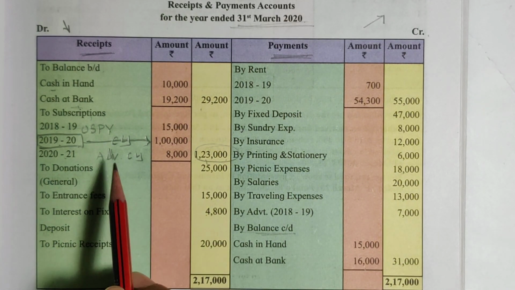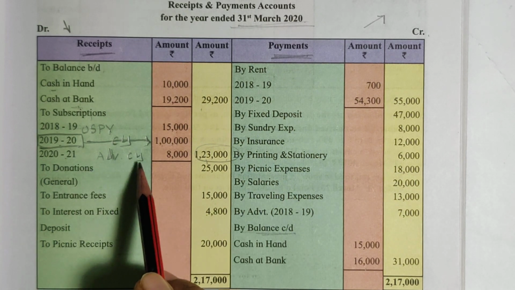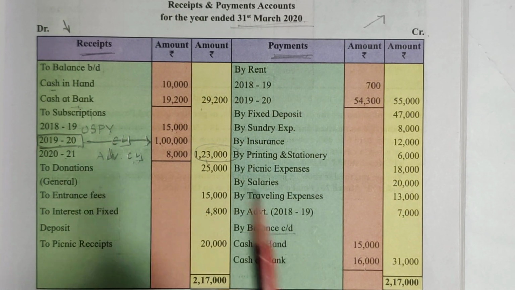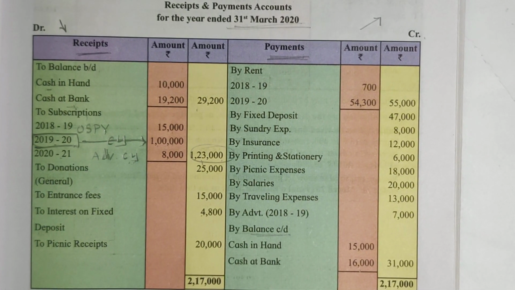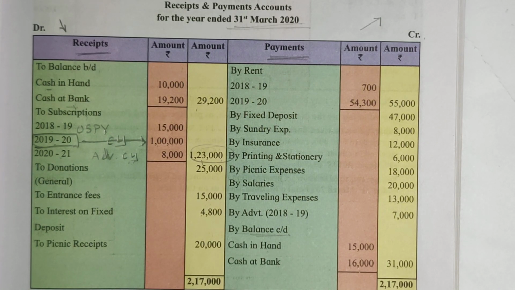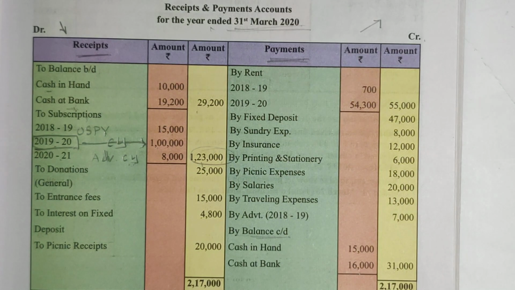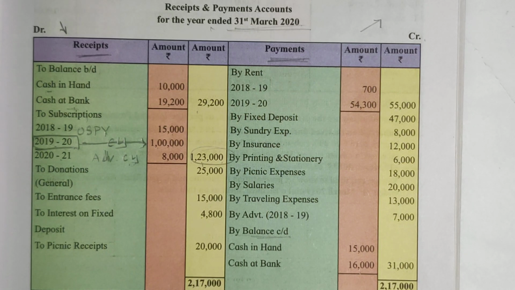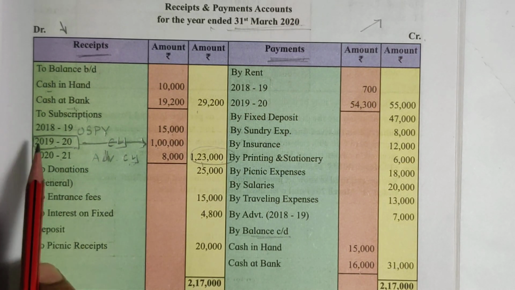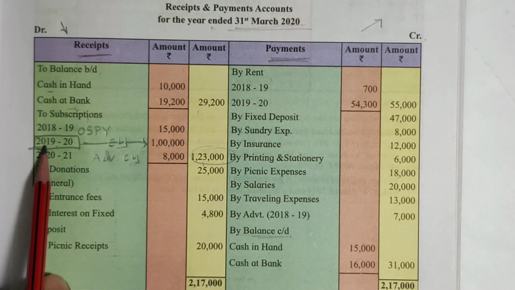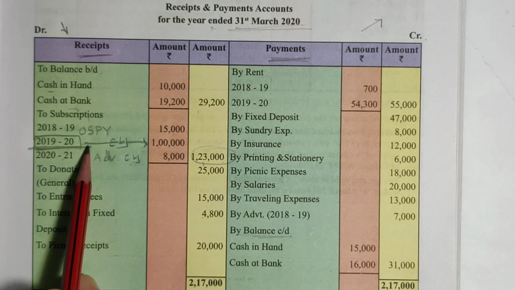When I say it is the advance for current year, received in the current year, it means it relates to the preceding or the next years. As this is the receipt and payment account, and we are supposed to prepare income and expenditure account which is prepared for a particular year only, we will consider only the subscription received for the year 2019 and 20.